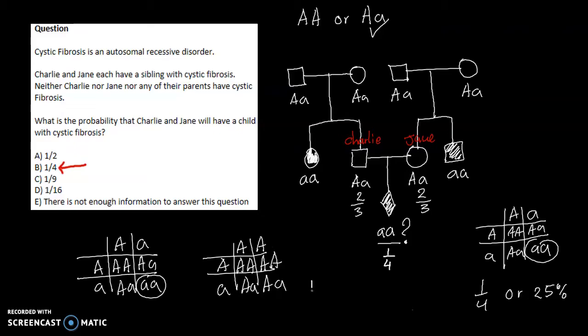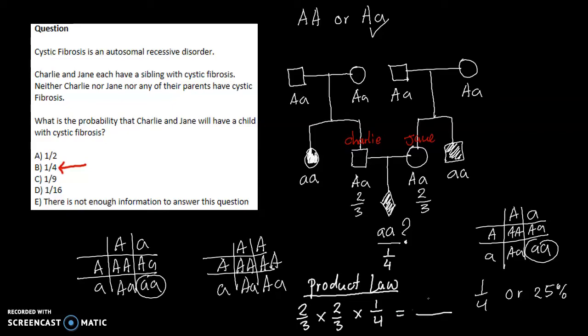So what we have to use is something called the product law or the product rule, where we take Charlie's probability, Jane's probability, their child's probability of having the disease, and multiply them by one another.